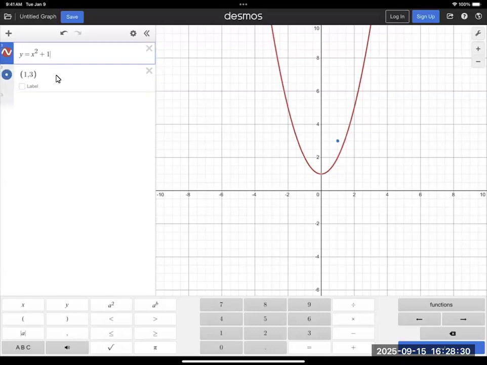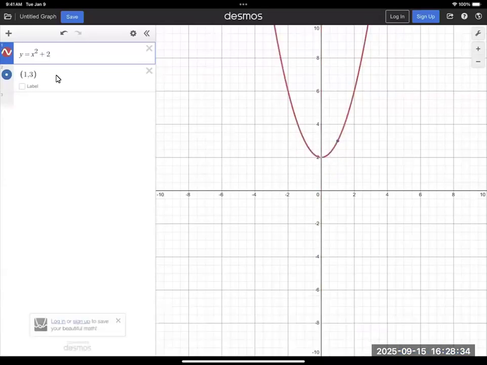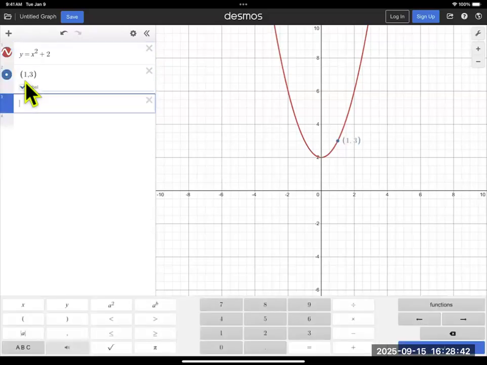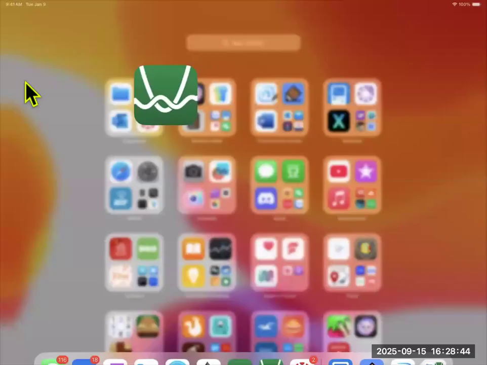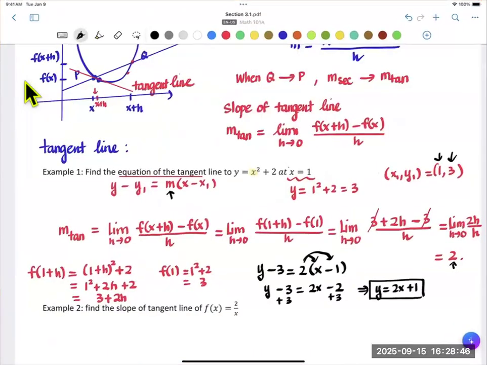Oh, this is the wrong graph. It's plus 2. Okay, (1, 3). So we want to find the tangent line at this point. So let's look at the tangent. The tangent that we just found is y equals 2x plus 1.